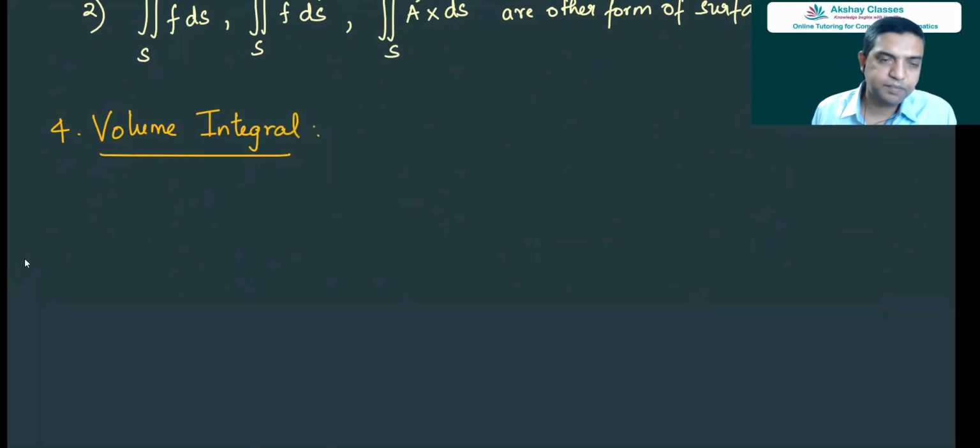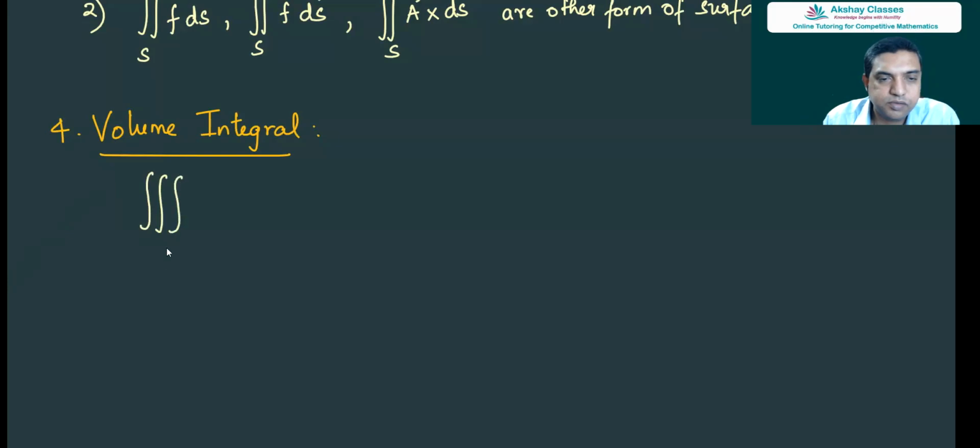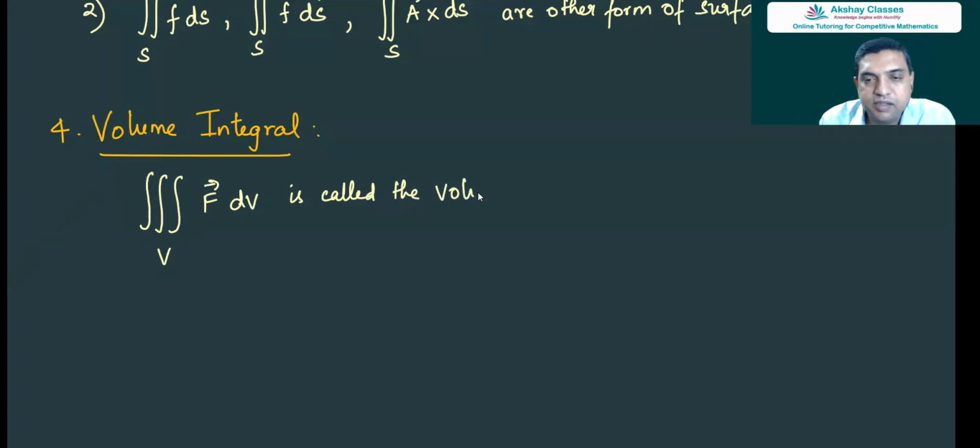So volume integral. Volume integral means triple integral. The integral of F with respect to volume is called the volume integral of F on V. Now something interesting: for surface integral we could do a vector.